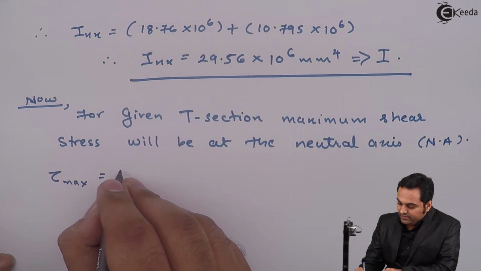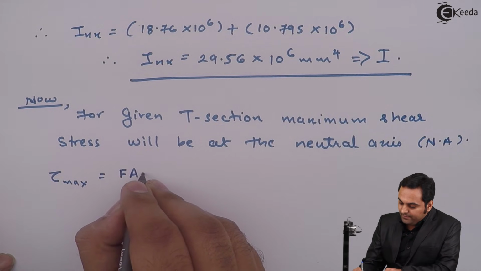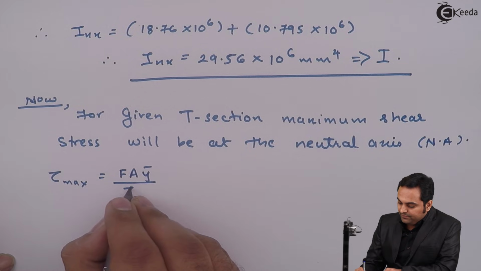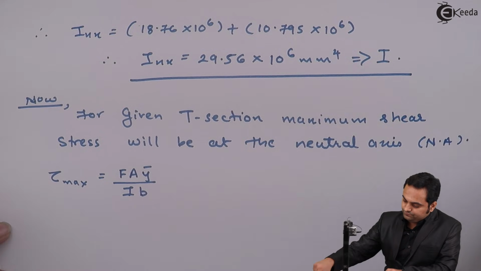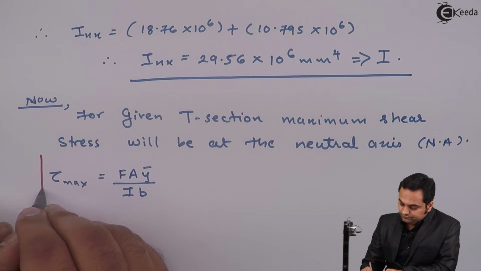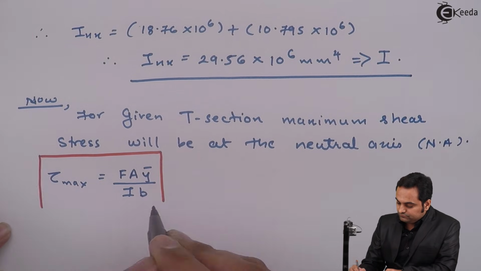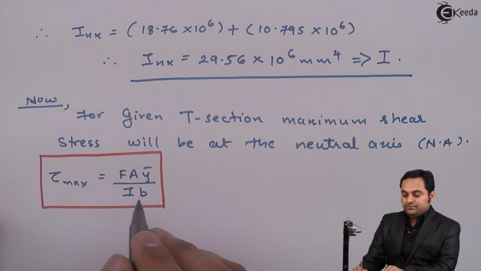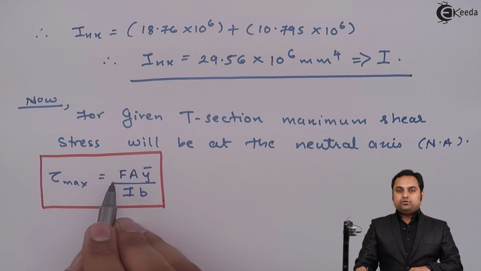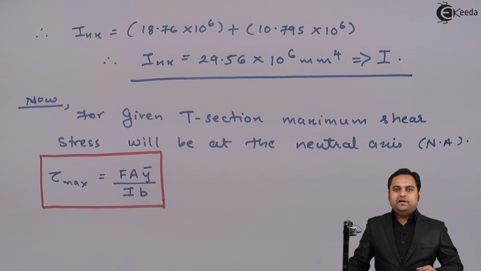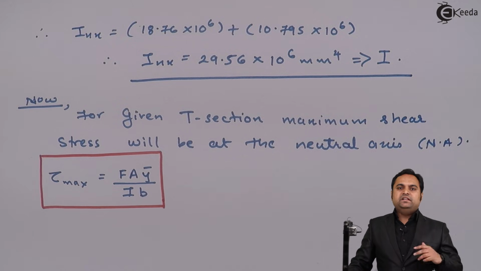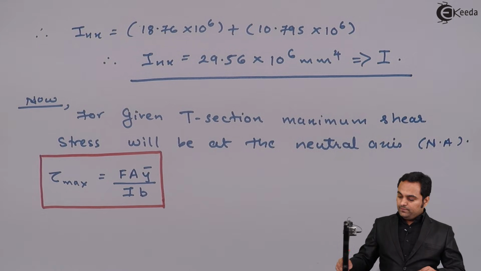The formula is F A y bar upon I B. Now sometimes this F, which is called the shear force, can also be denoted by capital S. Capital S or F, both are the same here.